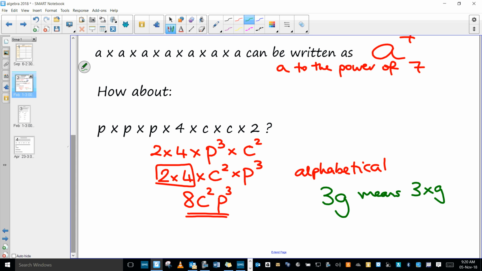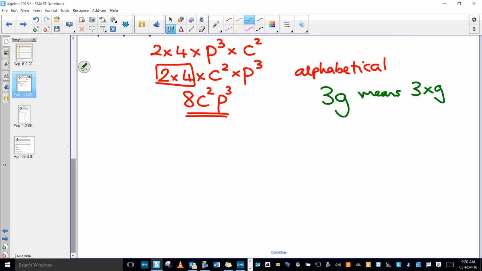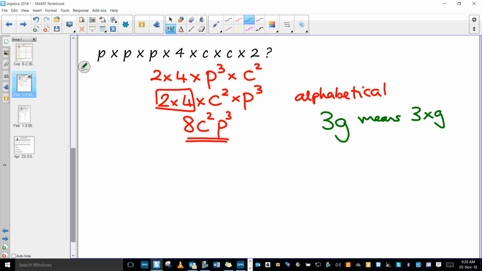Now, in some textbooks, just so you're aware of it, you might see something like 2.4. Now, this in maths, when it's at the bottom, also means multiplied. So that would mean 2 multiplied by 4. You learned that last year? Awesome.